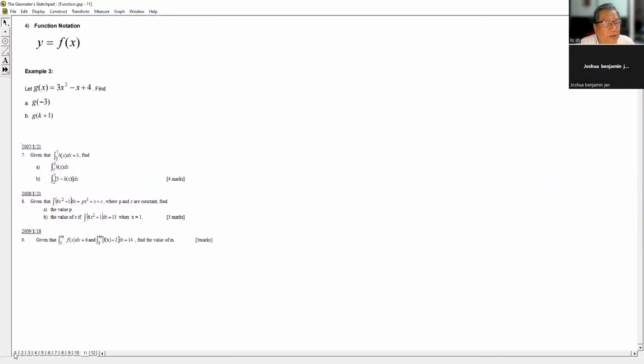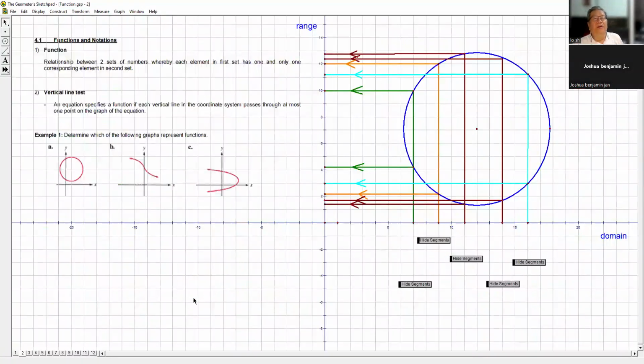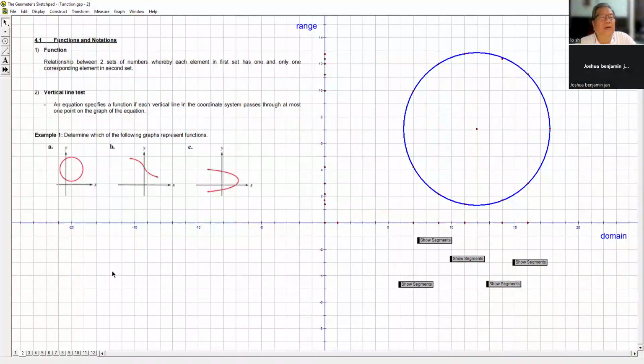So the new chapter is function. Now, this is given in your lecture notes.